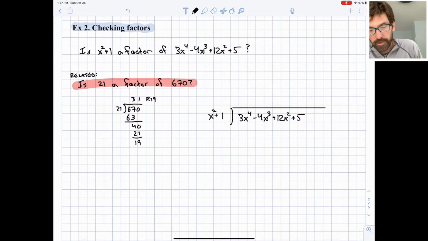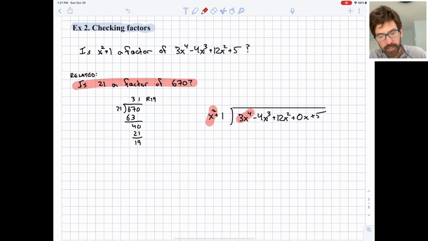One hint I have for you is it looks like we're missing an x term, so I am going to put that x term in there, plus 0x plus 5, just to keep everything spaced out well. And reminder, we just care about the leading terms right now. So let's think about how many times does x squared go into 3x to the fourth? That's 3x squared times. Multiply down and around.